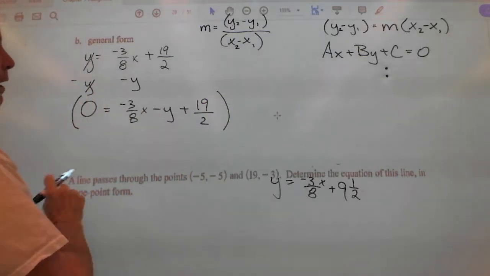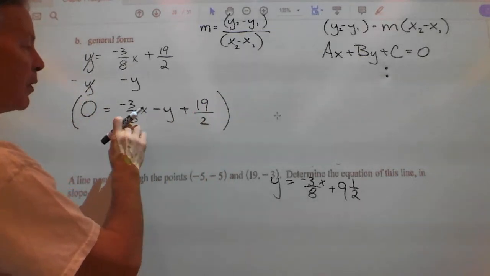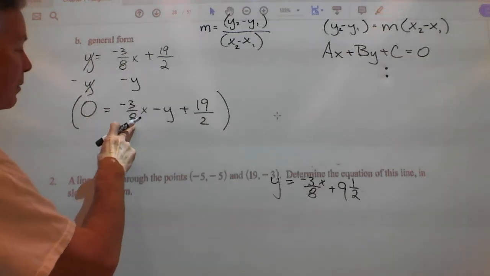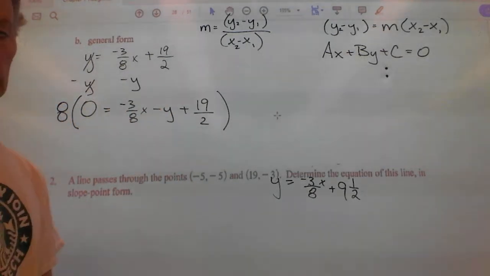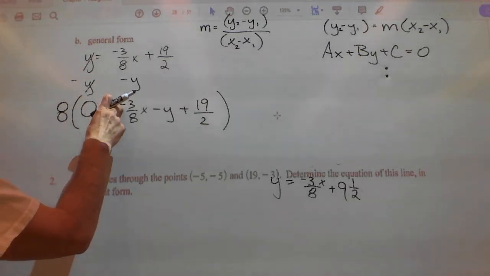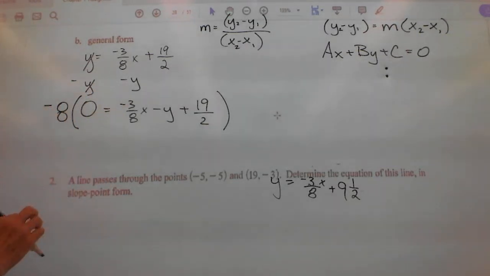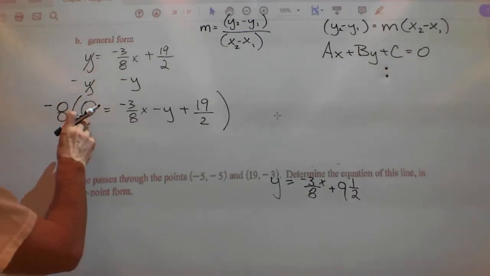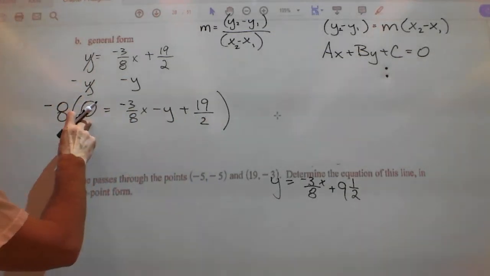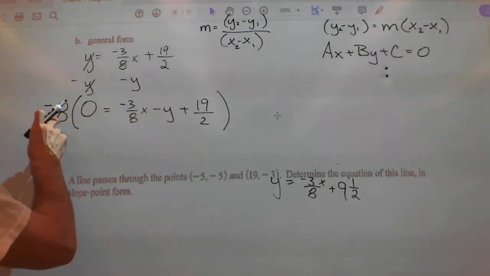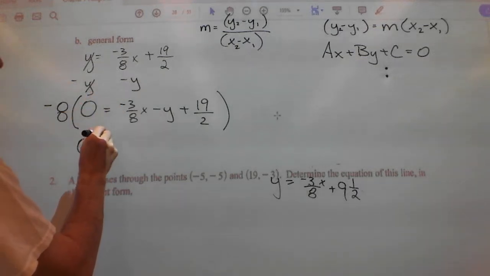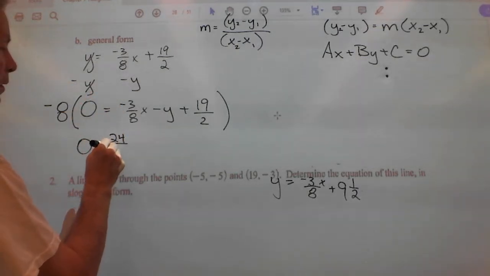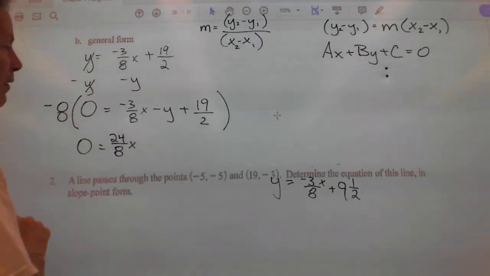So, to get rid of the fractions, we multiply through by the least common denominator of 8 and 2, which is 8. To get rid of the negative sign, we simply make that a negative 8. Okay? And then we multiply every term, yes, even the 0, by negative 8. So negative 8 times 0 is 0. Negative 8 times negative 3 is positive 24 over 8x.